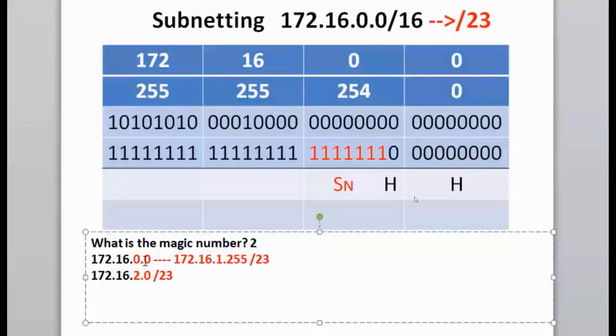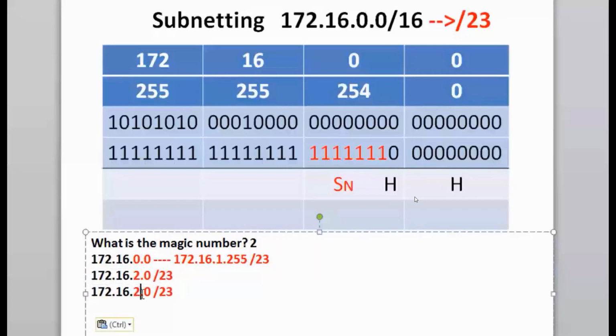So the first usable host address would be 0.1, and the last usable host address would be 1.254. The next subnet starts at 2.0. After that, the networks continue to go up by 2.